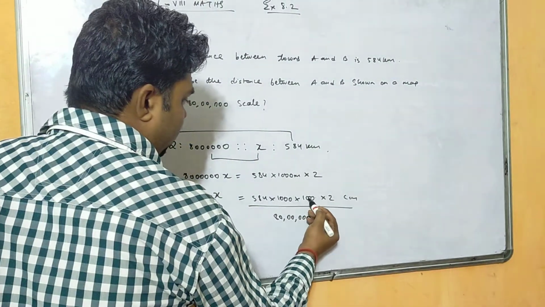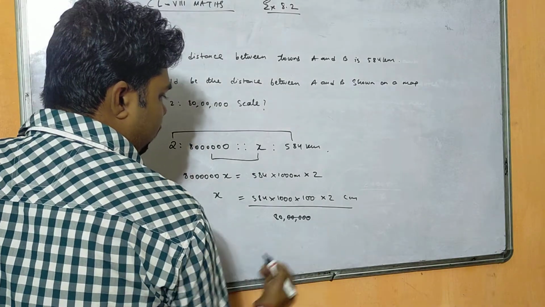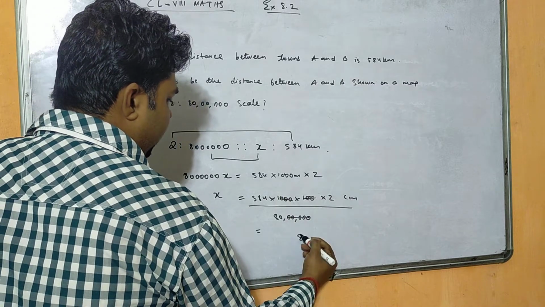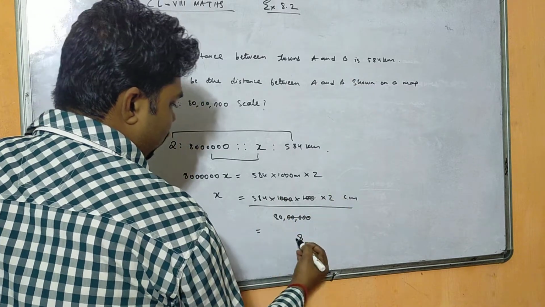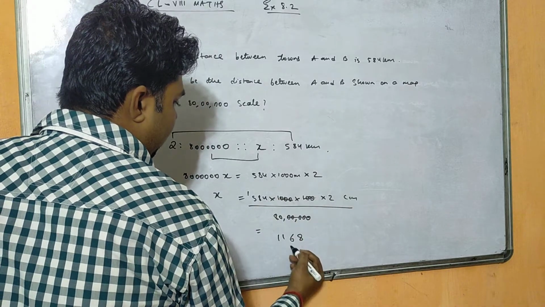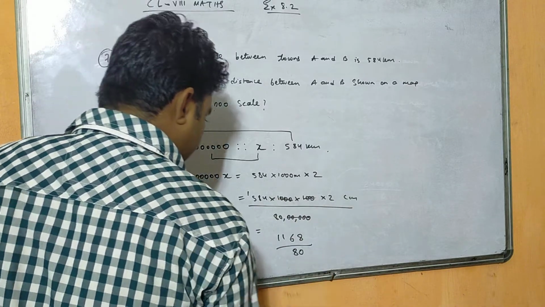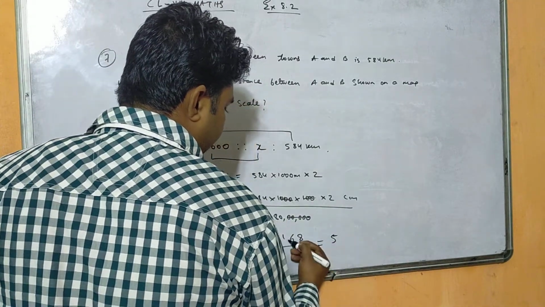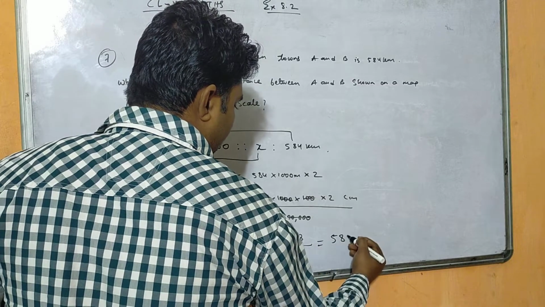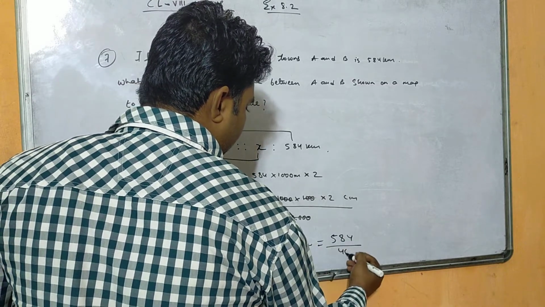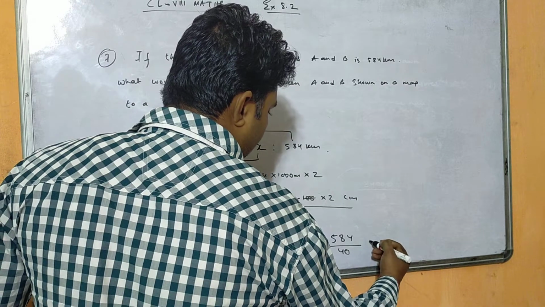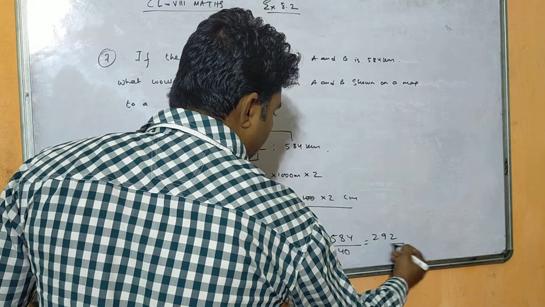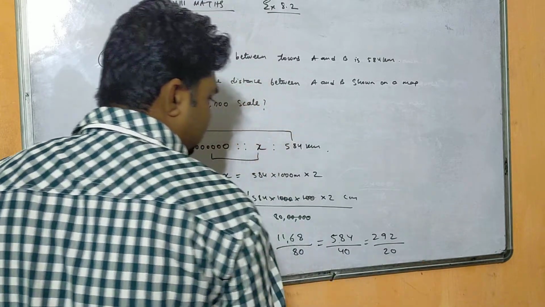Now you see, 1, 2, 3, 4, 5, so 5 zeros will get cancelled here, right? So what will you get here? 2 4 is 8, 2 8 is 16, 10, 11 divided by 80, right? So 2 5 is 10, 2 8 is 16, 2 4 is 8, 2 40 is, again 2 2 is 4, 2 9 is 18, 2 2 is 4, 2 20 is, right?